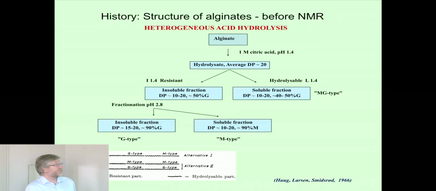On the other side, we got a soluble fraction, which also had a dP in this range, 10 to 20, and had about 40 to 50% G. So quite similar, except that this one is soluble and this insoluble. This turns out to be the MG type of blocks by more analysis.